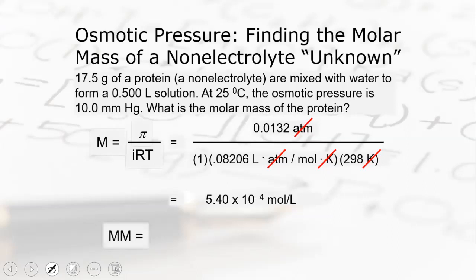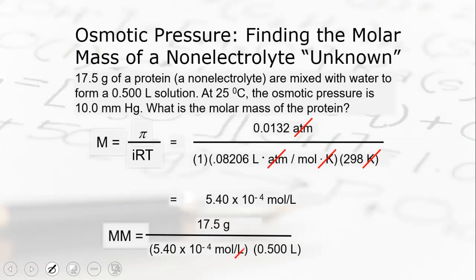So this gives me the moles per liter. Let me see what the molar mass is going to be. I have a sample that was 17.5 grams divided by the moles. How do I get the moles? I multiply the molarity times the volume. So that's 5.40 times 10 to the minus 4 moles per liter times 0.500 liters.